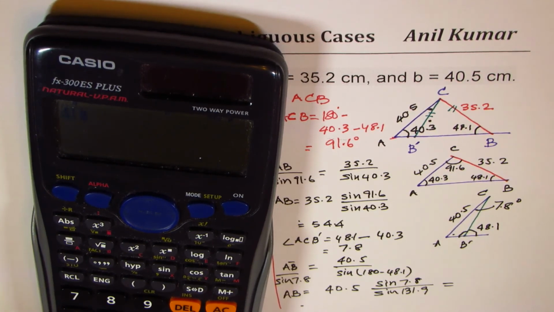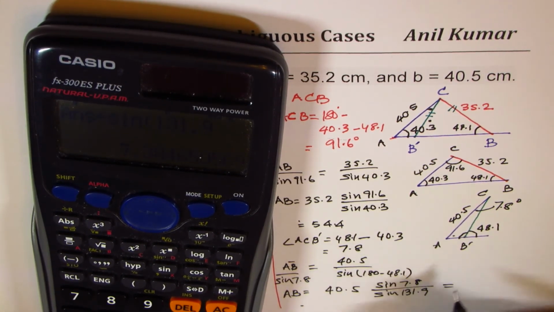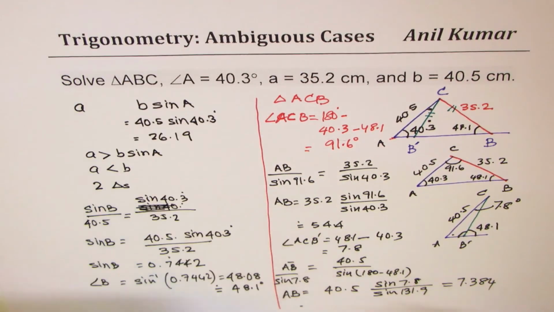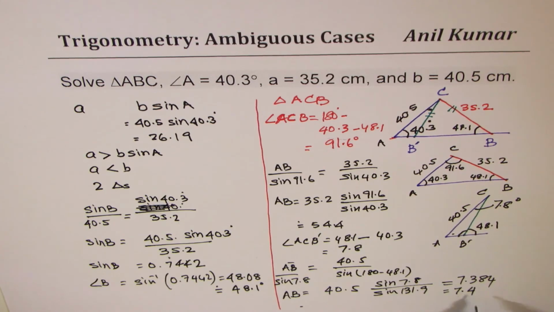So let's calculate. We'll do 40.5 times sine of 7.8 and we'll divide this by sine of 131.9, which is 7.384. Rounded to one decimal place gives us 7.4.